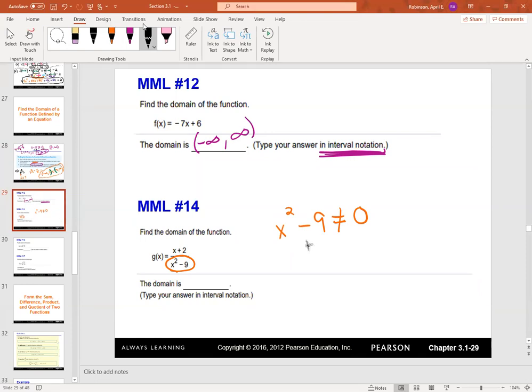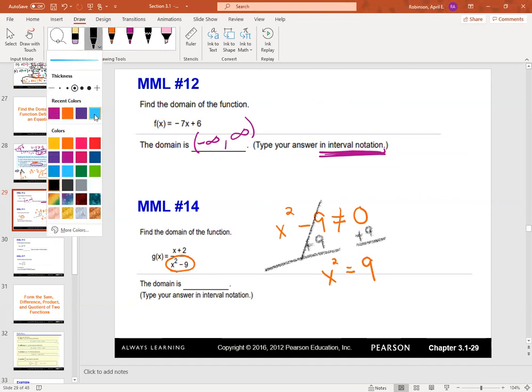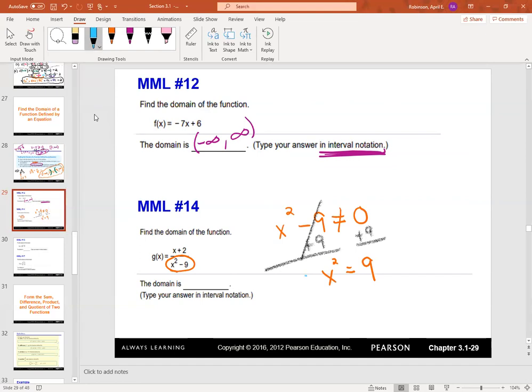So to solve this, I'm going to add 9 to both sides. Cancels that. I get x squared is equal to 9. And then, of course, to solve for x, I would have to square root both sides. This is a quadratic equation, so remember there are two possible answers, either a positive or a negative 3.